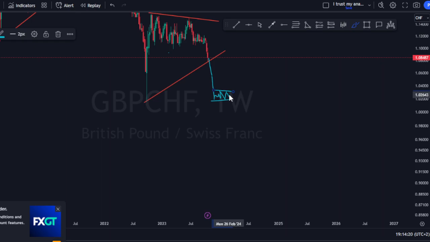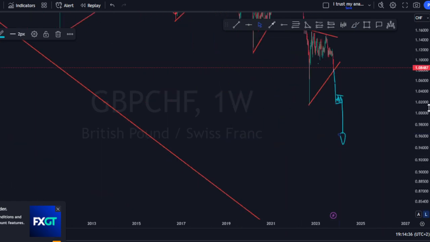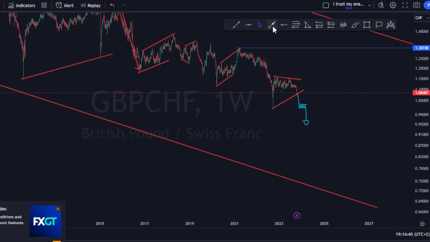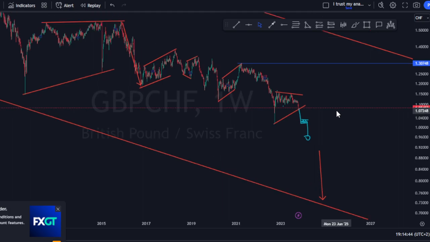But we're going to be looking for it on the 1 hour time frame. I usually trade on the 1 hour time frame, so wait for a breakout and enter at the breakout. And I'll be looking to catch this sell all the way until the lows, ladies and gentlemen.